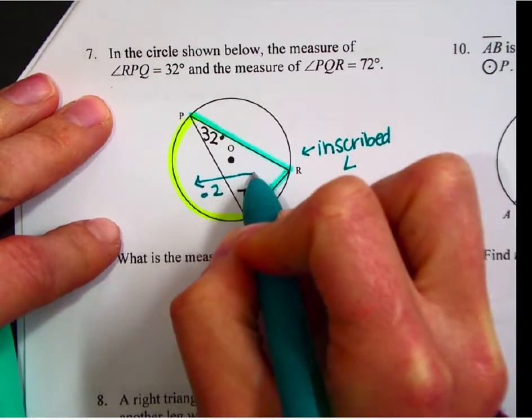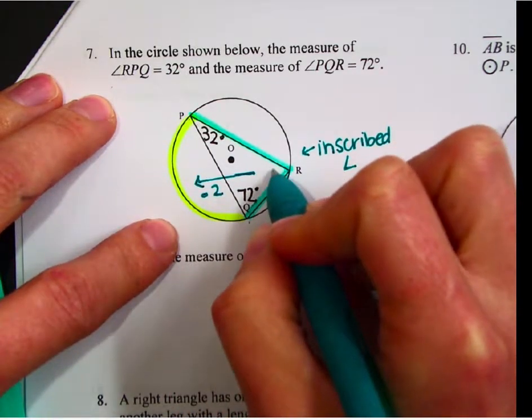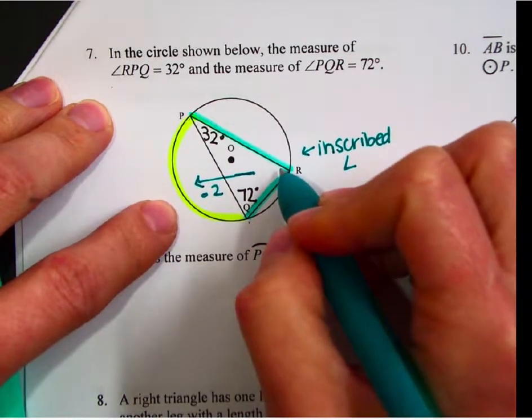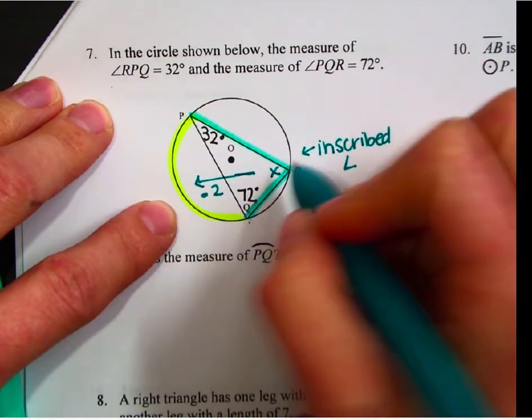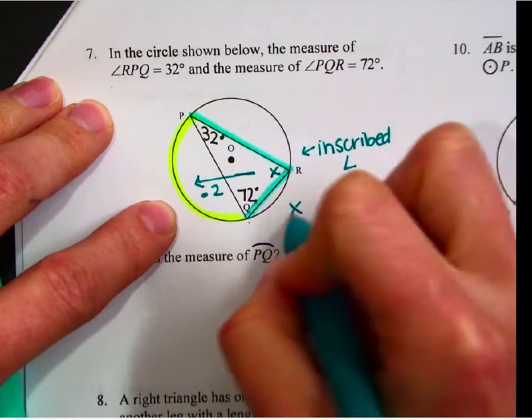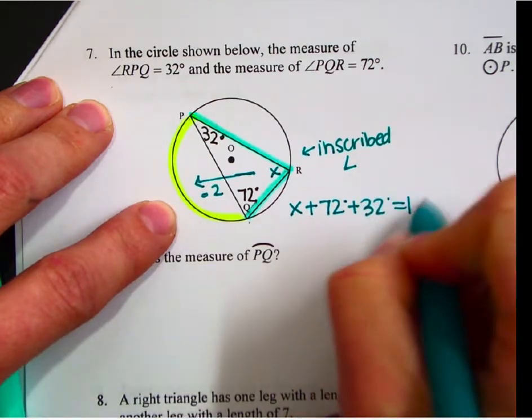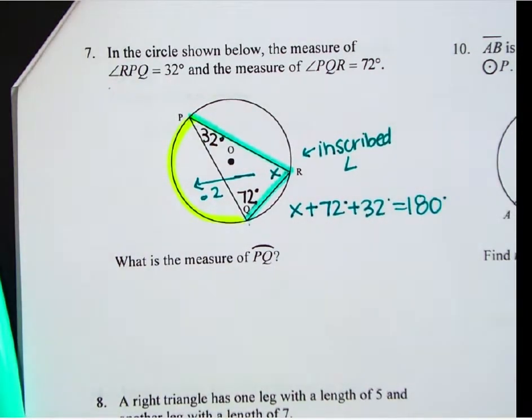So if we can figure out the measure of this angle, then we'll know the measure of the arc. And we're able to find the measure of this angle because this is a triangle and we have our triangle sum theorem. So these interior angles in the triangle will add up to equal 180 degrees.